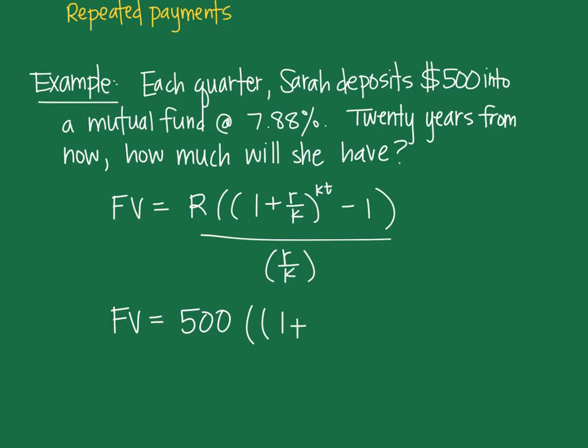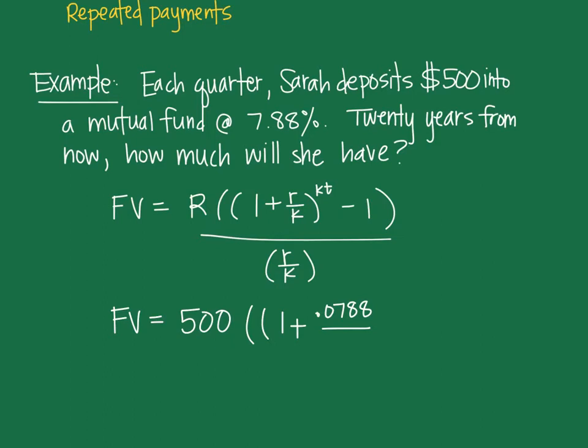1 plus my rate, my little r, is the decimal 0.0788 over, now what's the k for this problem? What do you guys think? K is 4. Why? It's quarterly, okay?